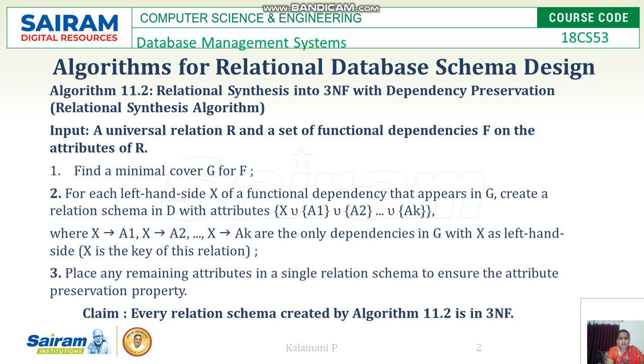The first step is to find the minimal cover G for F. Already we have discussed how to find the minimal cover. So the first step is to find the minimal cover G for the given set of functional dependencies F. The second step is, for each left hand side X of a functional dependency that appears in G, create a relation schema in D with attributes X union A1, A2, etc., AK, where X defines A1, X defines A2, etc., X defines AK are the only dependencies in G with X as left hand side.